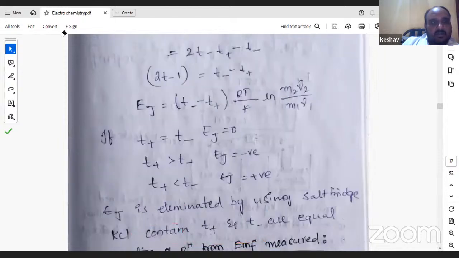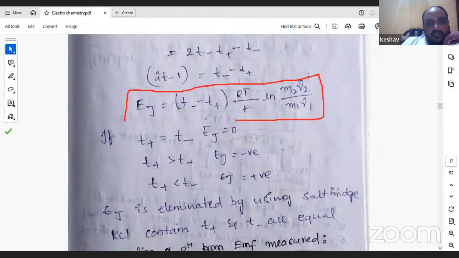That is, Ej, the liquid junction potential, is equal to the 2t minus 1 substituted in the above equation. Ej is equals to t minus minus t plus of RT by F ln M2 gamma 2 by M1 gamma 1.